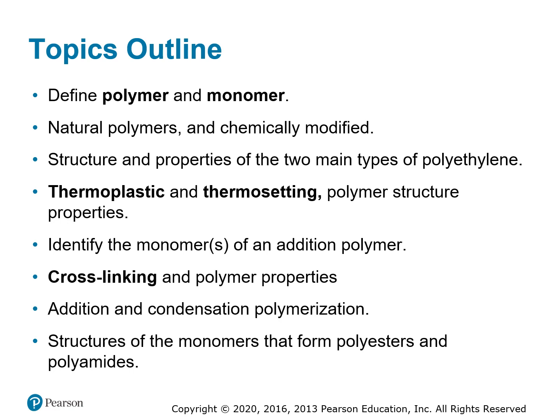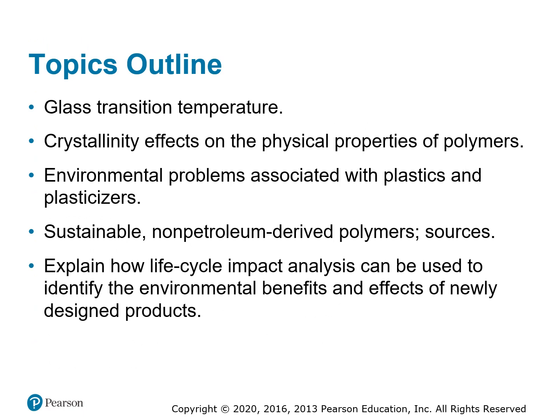Identify the monomer in an addition polymer, cross-linking and polymer properties, addition and condensation polymerization, the structure of monomers that form polyesters and polyamides. What is the glass transition temperature?